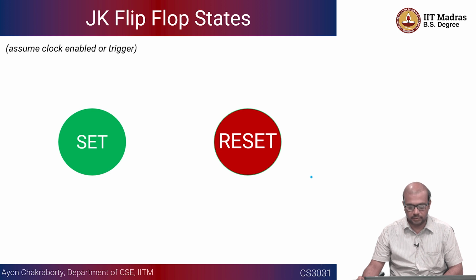Okay, so these are the different states of the JK flip-flop. It could either be in a q equal to 0 state or q equal to 1 state, and based on the value of q, we call the circuit set or reset.